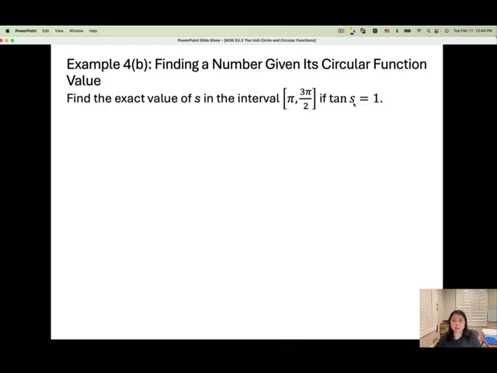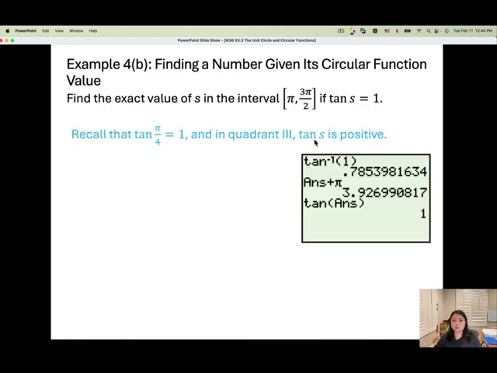So tangent pi over 4 should be equal to 1. But pi over 4 is a reference angle, and we want s to be in quadrant 3. So s should be pi plus pi over 4, which is going to be 5 pi over 4.